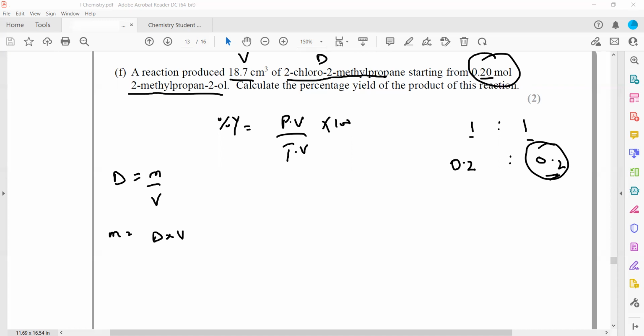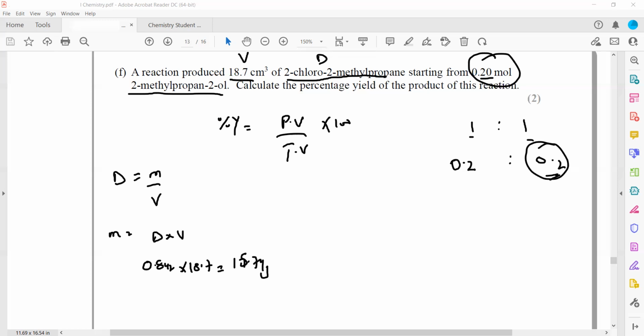The density is 0.842 times the volume 18.7. So 18.7 times 0.842, that is 15.7. 15.7 is the mass in gram.